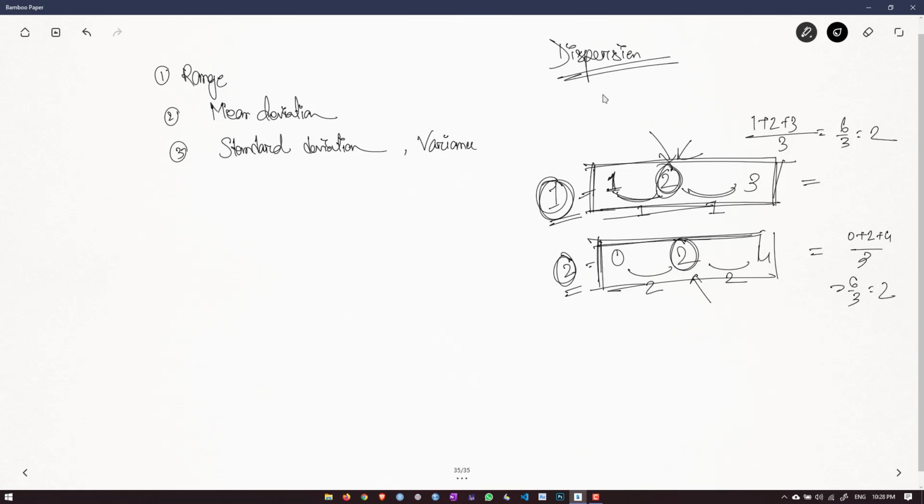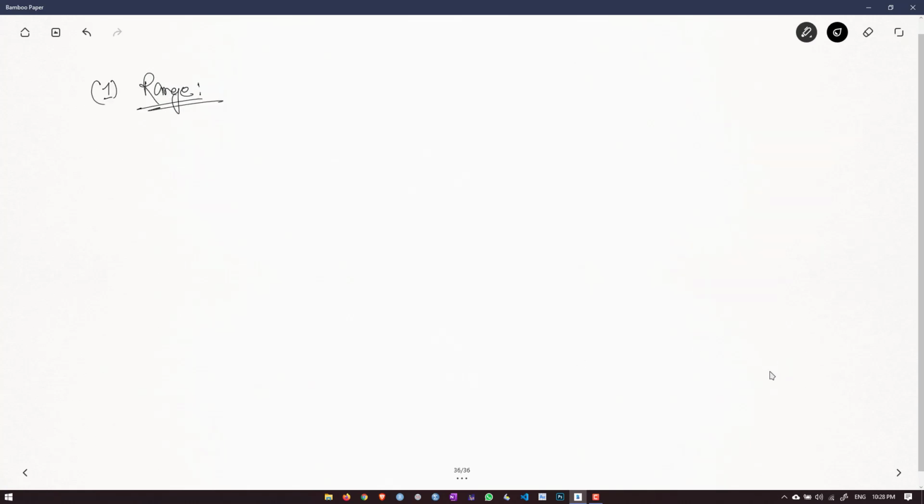Dispersion is the amount of randomness or difference between the values in a data set. These three formulas help us measure it.